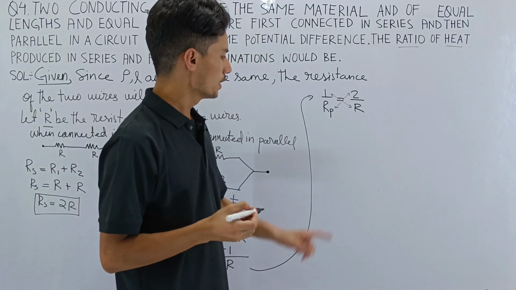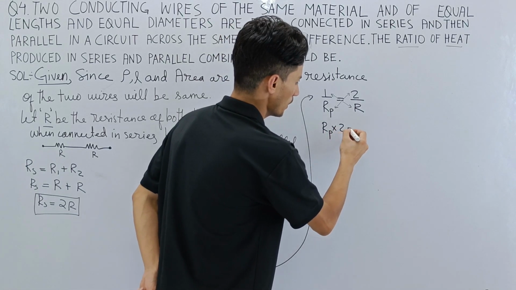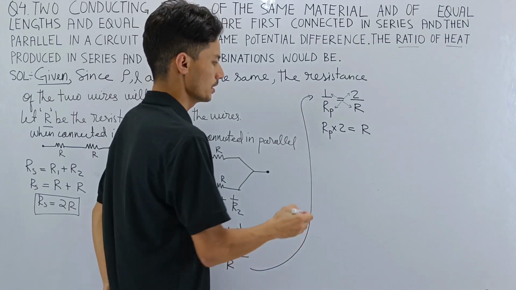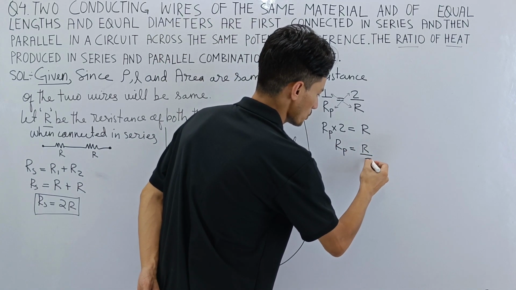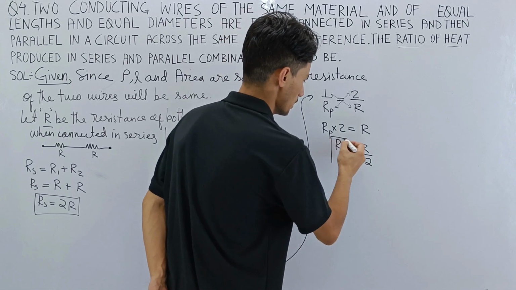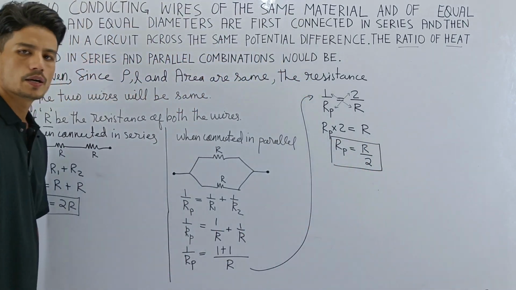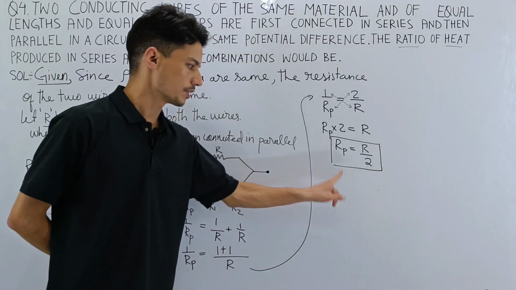Rp will multiply with 2, so you'll get Rp into 2, and R will multiply with 1. Anything multiplied by 1 is the value itself, so R only. So you get Rp is equal to R by 2, where the 2 goes below R. So this is the equivalent resistance when both the wires are connected in parallel. So for series you have this one, and for parallel you have this one.